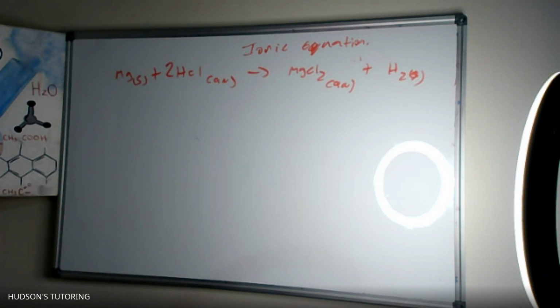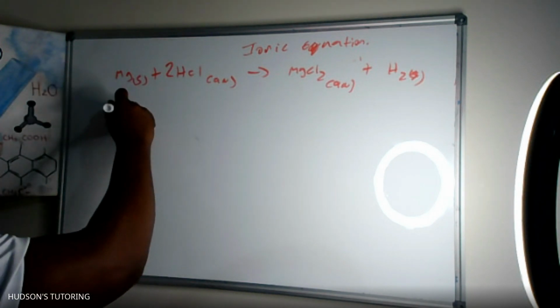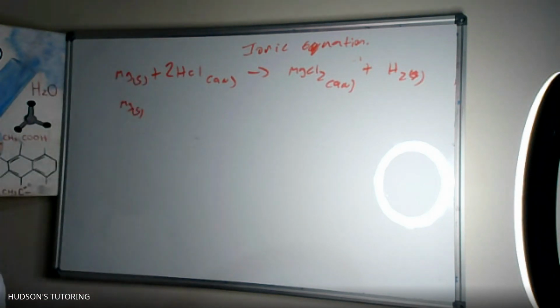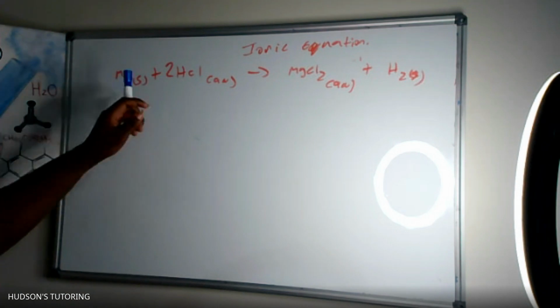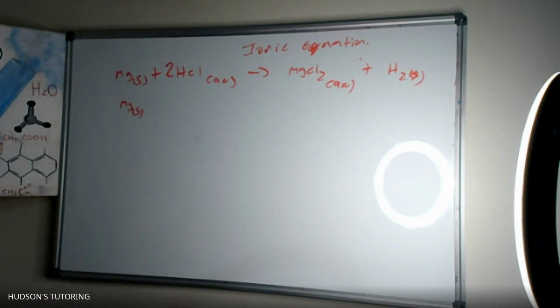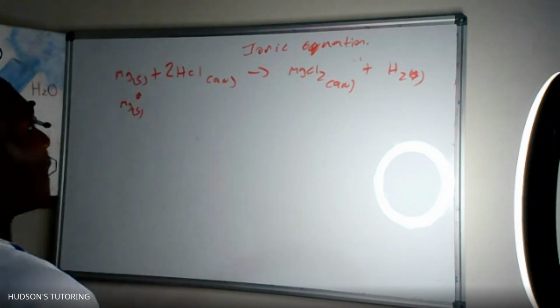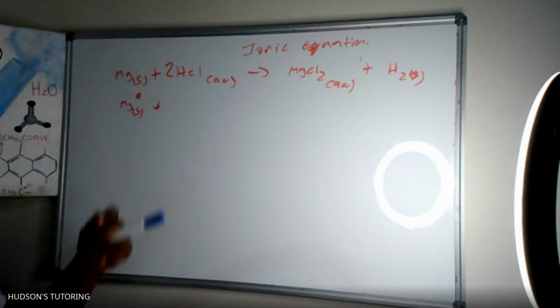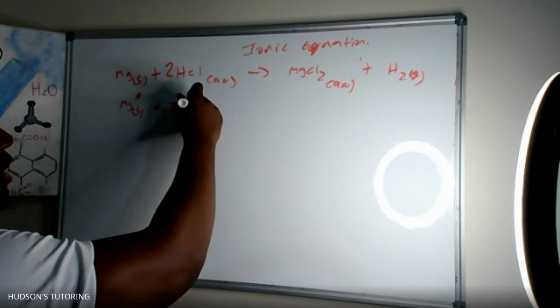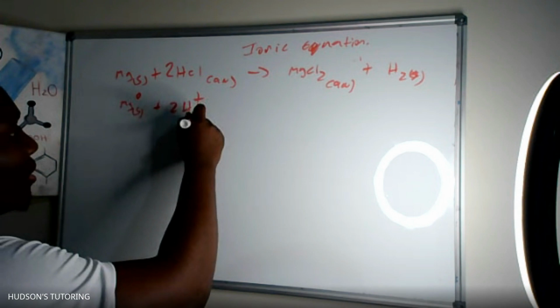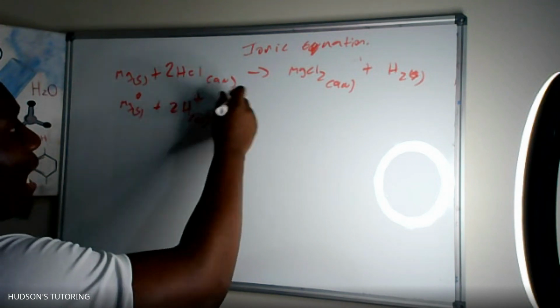Let's go ahead now and try to break up the substance. So the magnesium remains as it is, right? You don't put a charge. A lot of times students might put a charge. You don't put it because remember it's not aqueous, so it's not gonna have a charge. You don't split it up. So the charge is gonna be 0, right? Split up the HCl. So this is 2H plus aqueous, excellent. 2Cl minus, right?